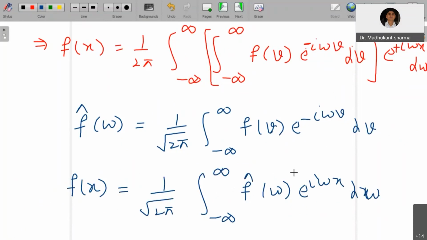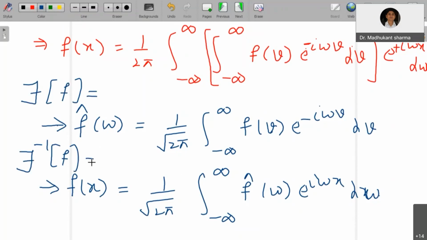So I hope you got the point. This f cap of w is nothing but the Fourier transform of f, and the second one is the inverse Fourier transform of f. The notation is something like this: the Fourier transform of f is equal to this, and the Fourier transform inverse of f is equal to this.